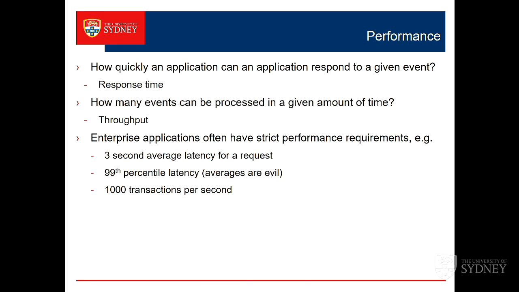And then you might say 99.9% of them are within some other constraint, depending on what the penalties are for going outside that latency window. And some number of transactions per second. And of course, one of the problems is that all these various constraints impact on each other. So the way I might get really good latency might not also give me really good availability. So these things are not orthogonal.